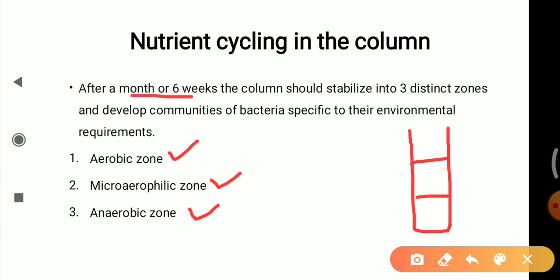At the bottom there will be the anaerobic zone, then the microaerophilic zone, and at the top the aerobic zone. These three distinct zones will be established after some weeks or a month.